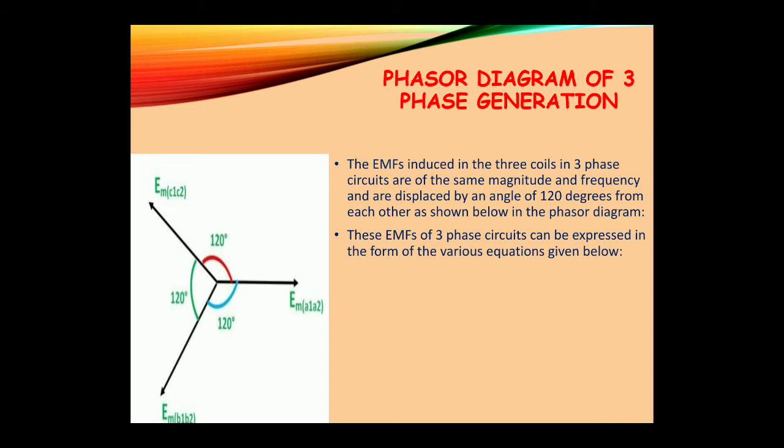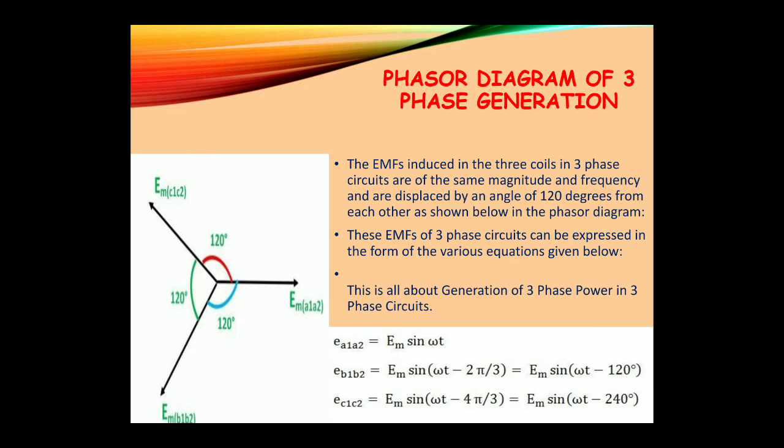These EMFs of a three-phase circuit can be expressed in the form of various equations given below. This is all about generation of three-phase power in a three-phase circuit. So these equations are EA1A2 equals EM sin omega t. EM is the maximum value of the EMF, or peak value.